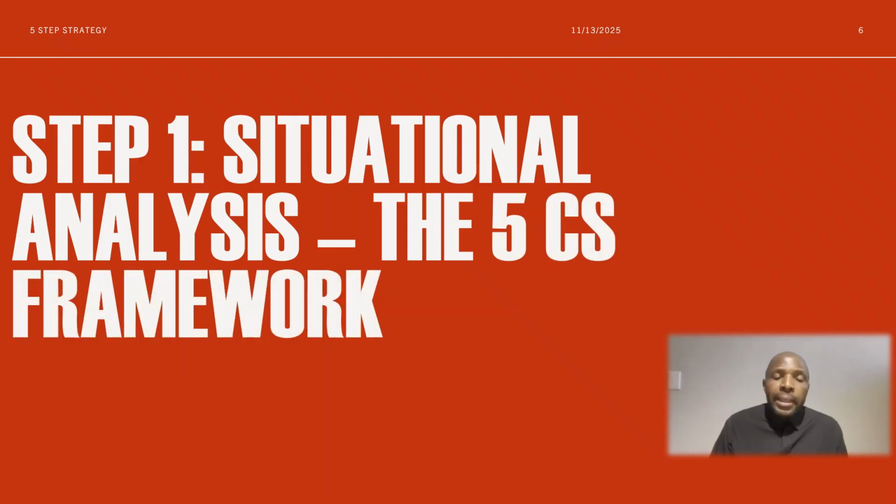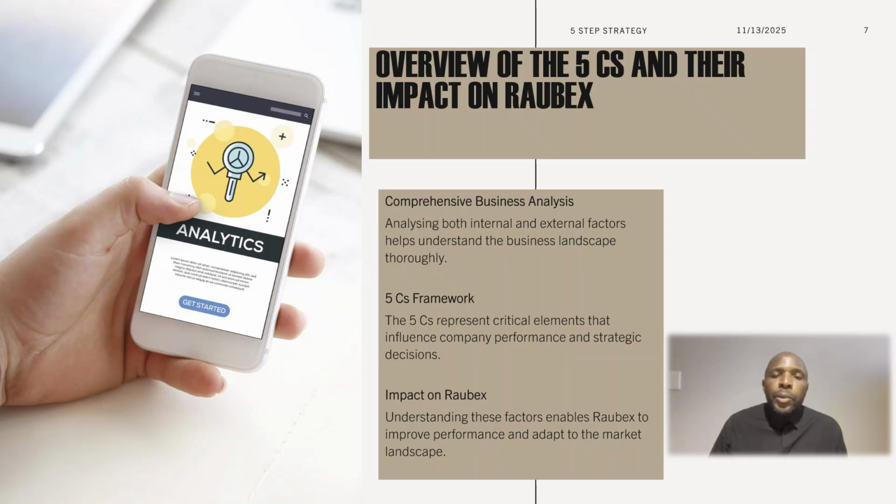On the first step that we'll be looking at, situational analysis, let's dive deeper. For those of you not familiar with situational analysis using the 5 C's framework, we'll be looking at five factors around the organization. The first C is the company, which is internal. The second C is the customer. We can say it's still an internal factor because it's their customer.